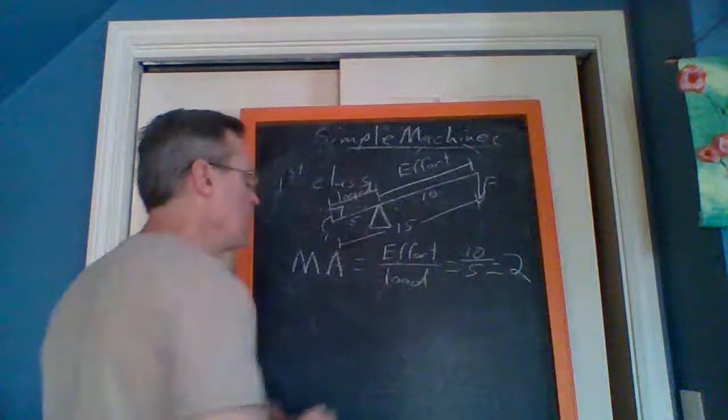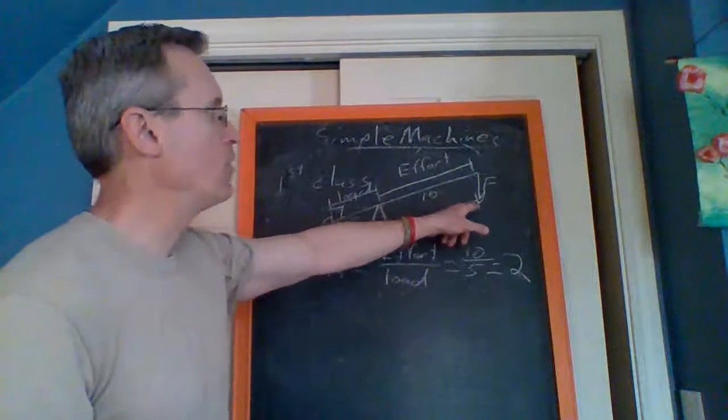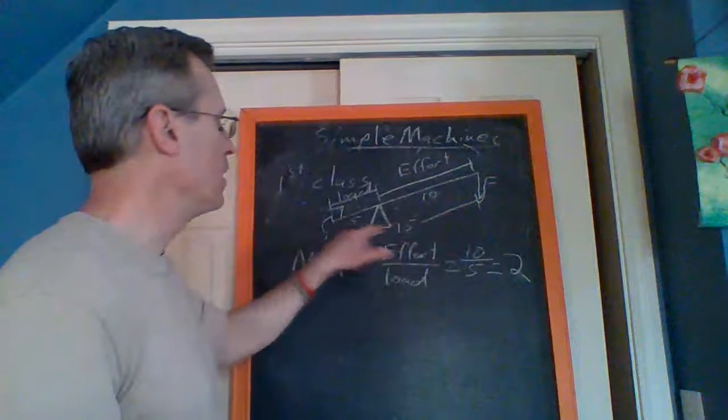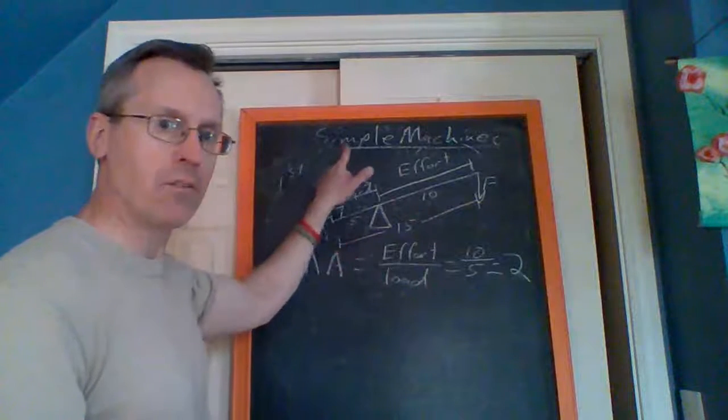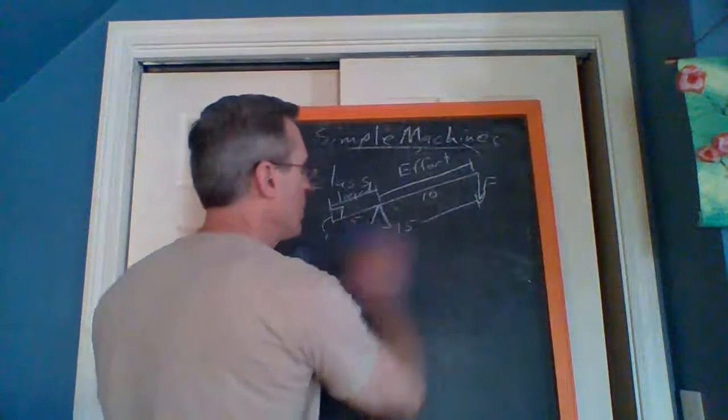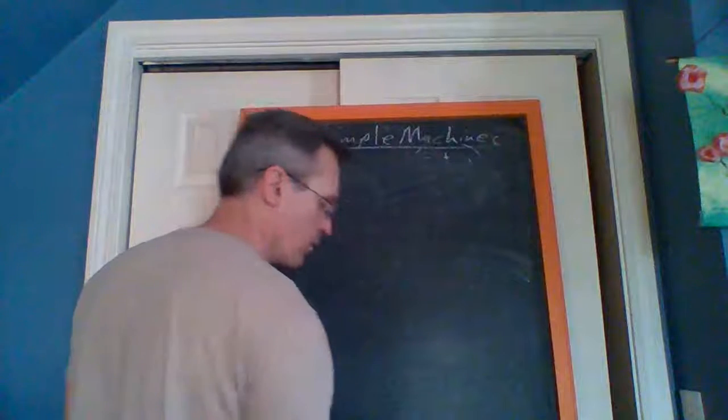What does that mean? Well, that means if I push down with 10 pounds of force on this end, I'll get 10 times 2, or 20 pounds of force on this end, like that. Okay, that's what mechanical advantage means.